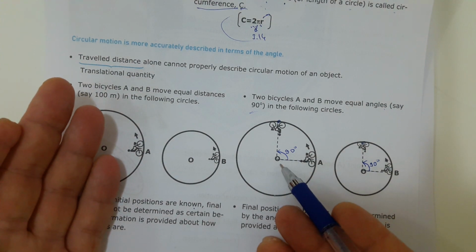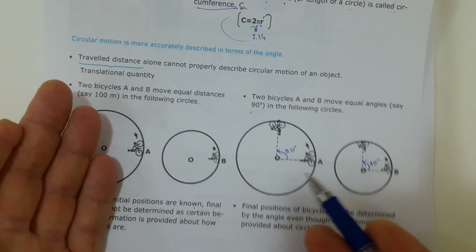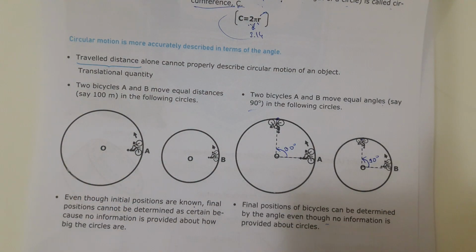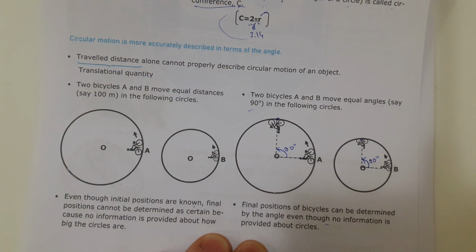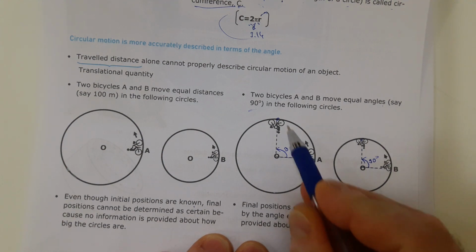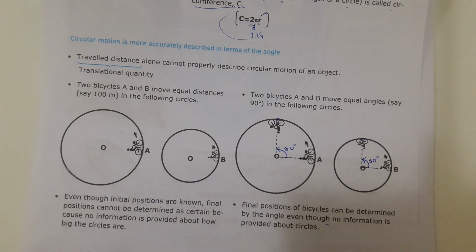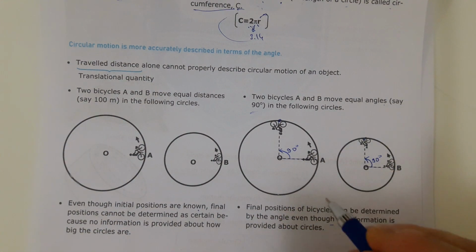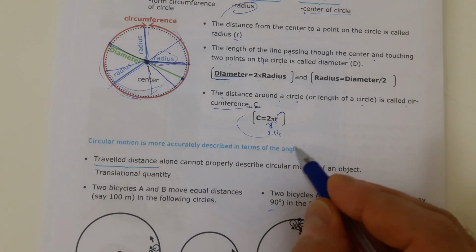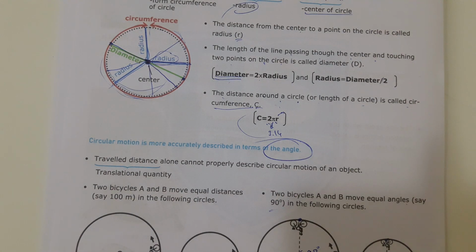We don't know the radius of this or that one, but we can find that after a 90 degree turn, this bicycle comes here and that bicycle comes there. That's why when we study circular motion, we use angle for defining the motion.